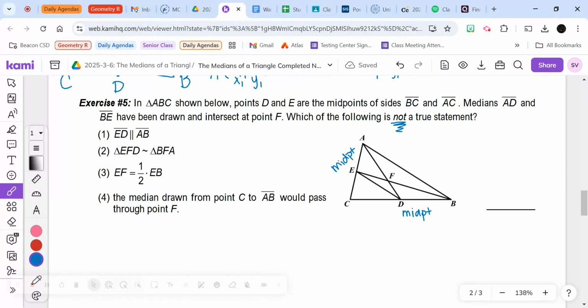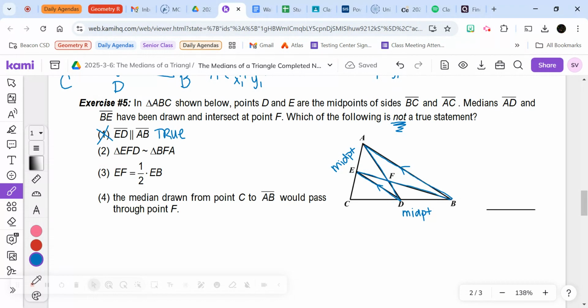So looking at number 1, ED is parallel to AB. ED is indeed parallel to AB. That is one of the properties of a segment connecting two midpoints together. So this is true. We're crossing out 1. We want what's false. Number 2 says EFD is similar to this triangle here.